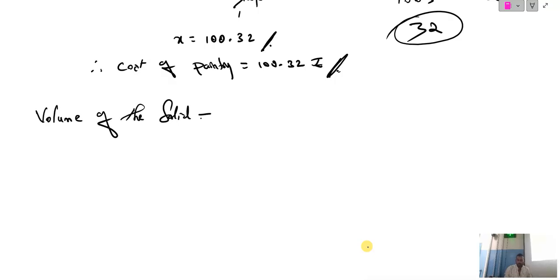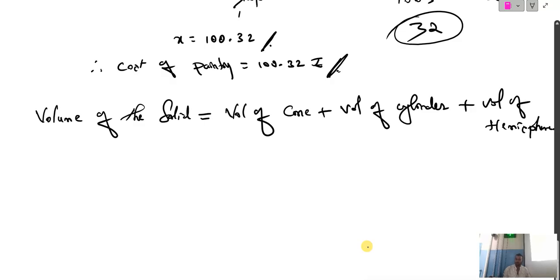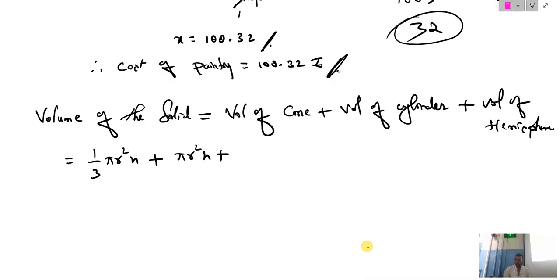Volume of the solid is equals to volume of cone plus volume of cylinder plus volume of hemisphere. Shall we write? Now, what is the formula to find volume of cone? 1 by 3 pi r square h plus volume of cylinder pi r square h. Volume of hemisphere 2 by 3 pi r cube.